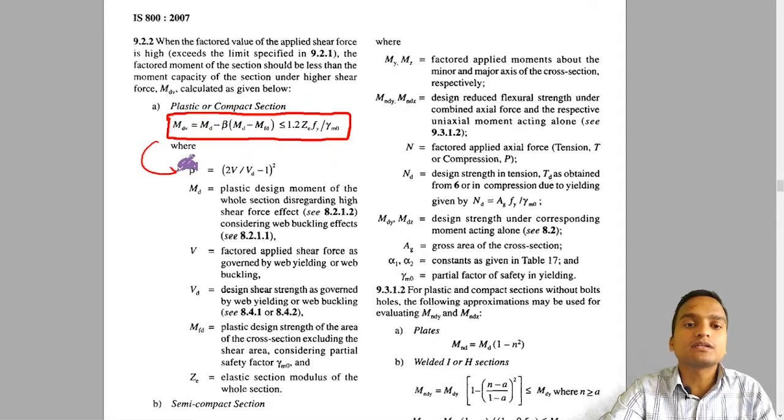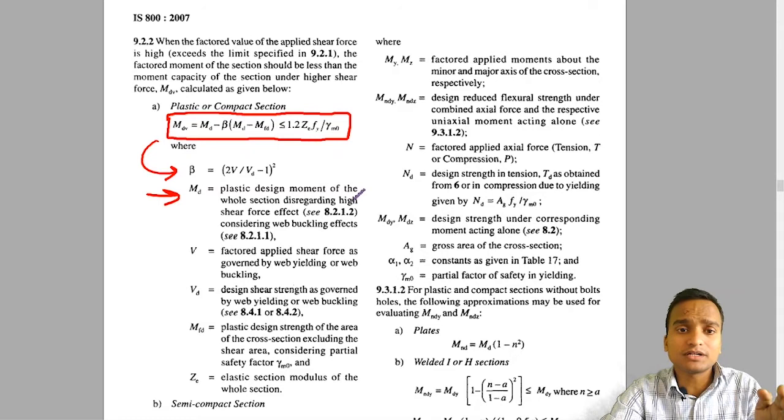Here beta is equal to (2V by VD minus 1) squared, and V is the factored shear force and VD is the design shear strength. MD is the plastic design moment which we have just calculated, disregarding the high shear force effect.